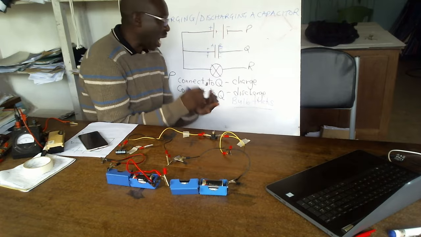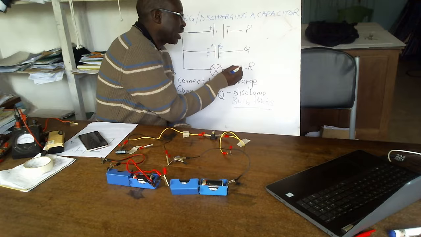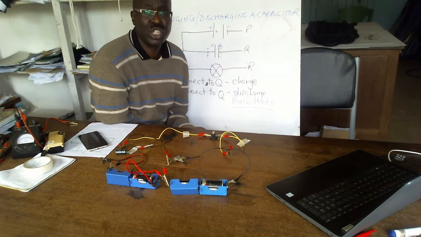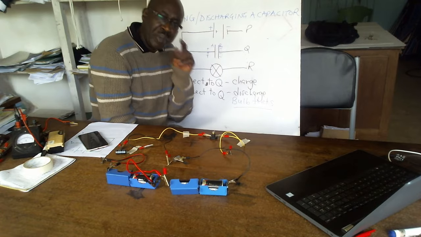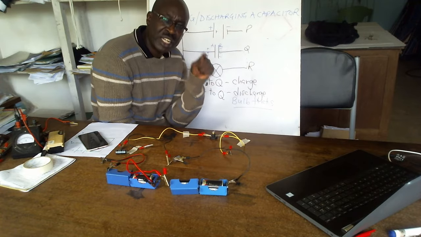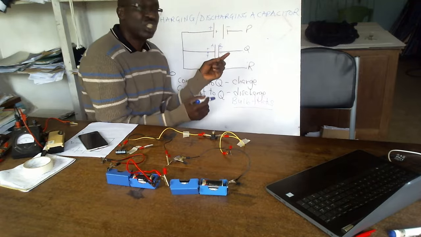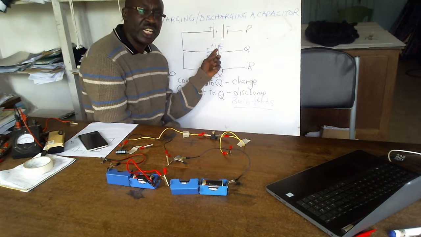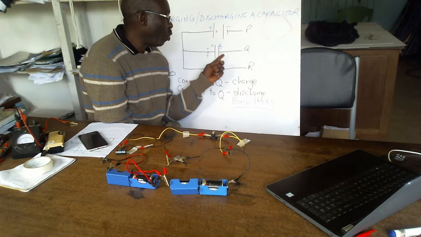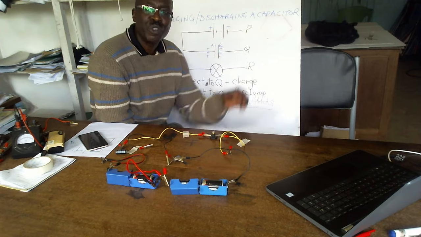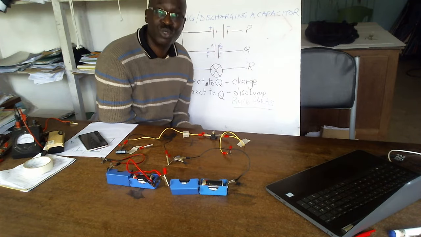Now when I connect this to that, it is a process of discharging, meaning that whatever had given it, it is letting go. We had already stored water in the tank. Now when we discharge, we open the tap. The water now flows.